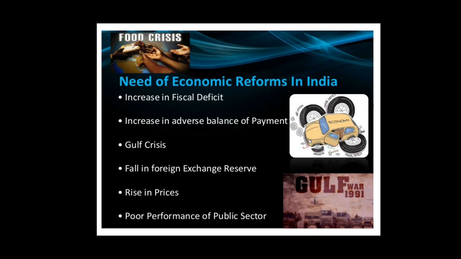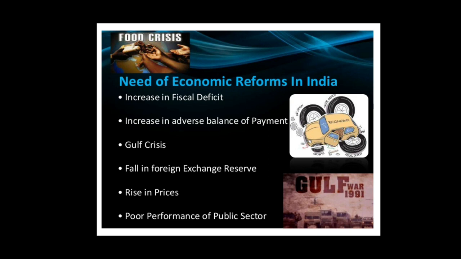Although the government granted different kinds of incentives to the exporters under export promotion schemes, our exports could not rise to the desired extent. Against the slow growth of exports, there was a rapid increase in imports in the pre-reform period.